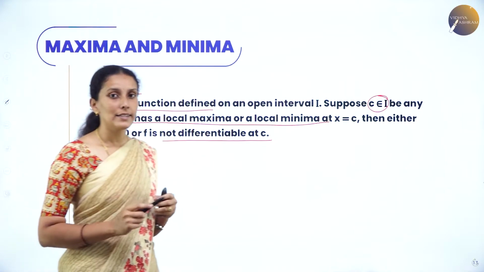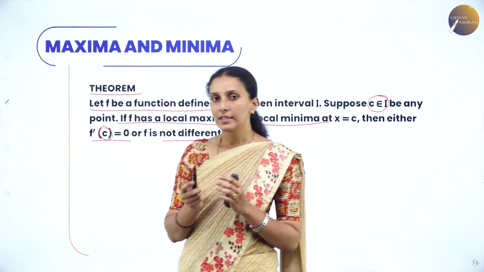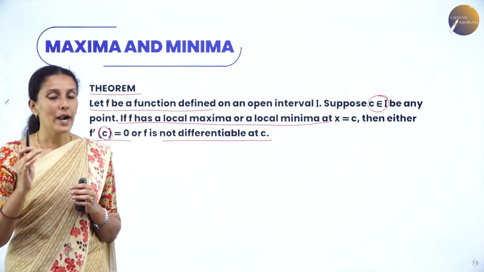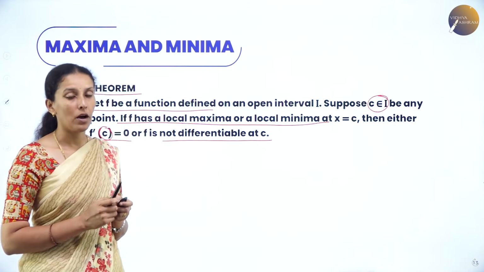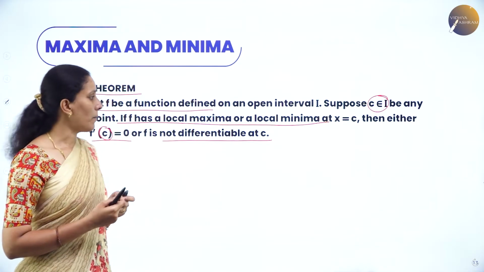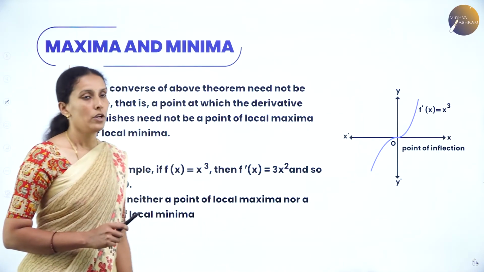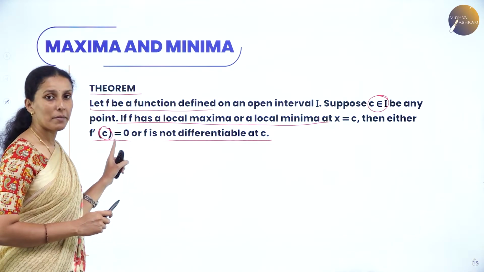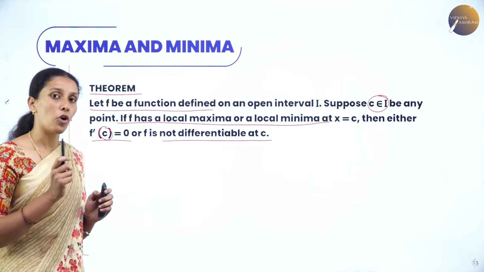But there exist cases where f dash is 0, that is, the derivative becomes 0, but that point cannot be taken as local maxima or minima. So take an example for that. Here I have taken the example of the x cube curve. The theorem states that if f dash of c is 0, then c must be local maxima or local minima, but this is not true for all cases.